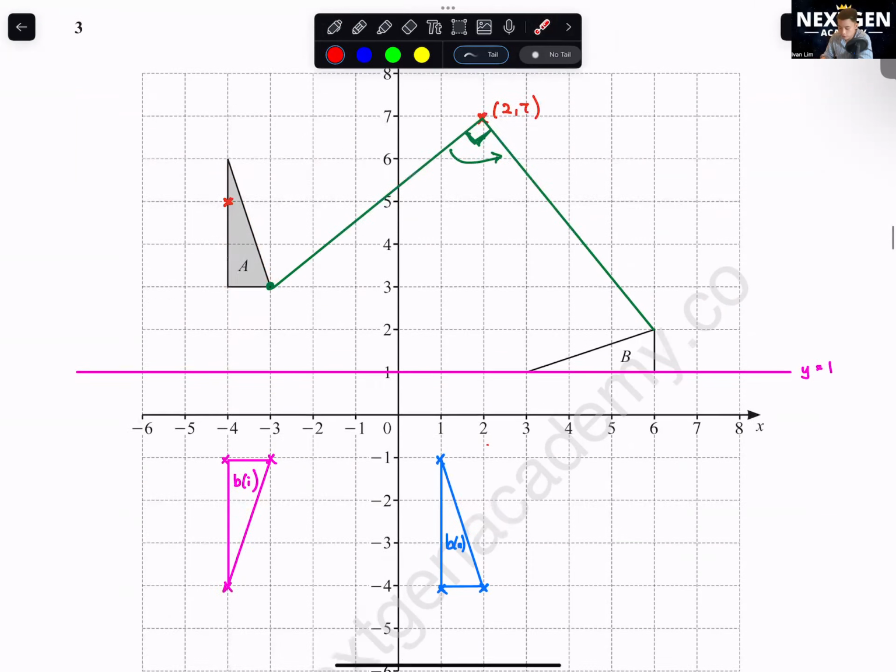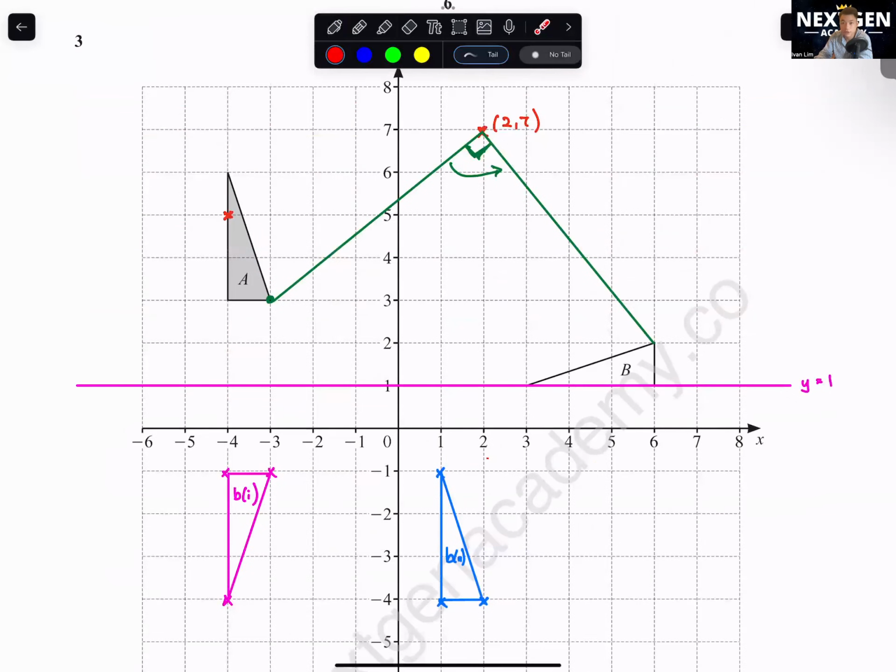So how do we enlarge this? They say scale factor of 2. The principle is still the same. You measure from the center to the point, you multiply it by 2 for the distance from the center to the image. So you see here, if it's 1 unit here, scale factor 2, right?